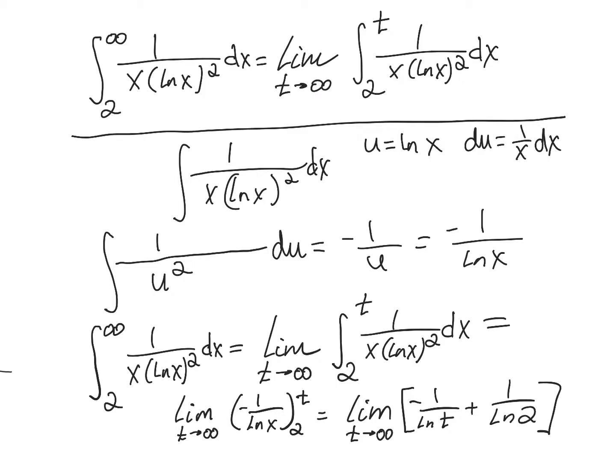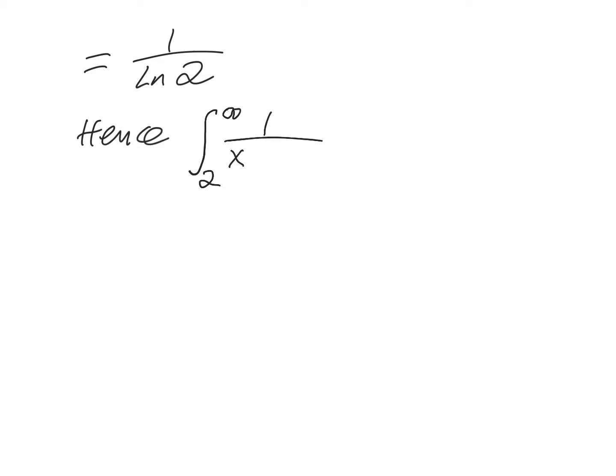Of course, you can see that 1 over natural log of t approaches 0 as t goes to infinity. So the answer is 1 over natural log of 2. And we conclude that the improper integral from 2 to infinity of 1 divided by x times natural log of x squared converges to 1 over natural log of 2.